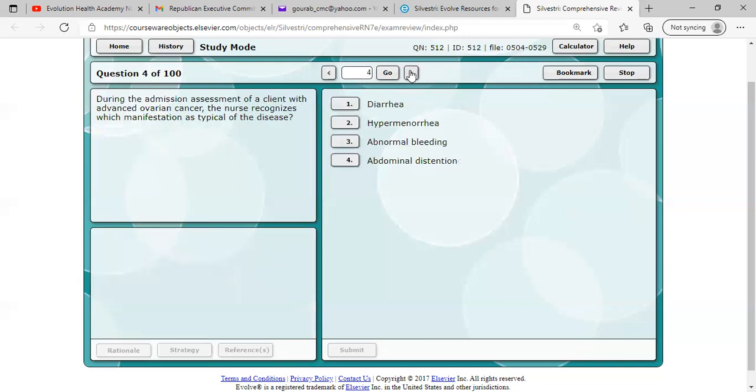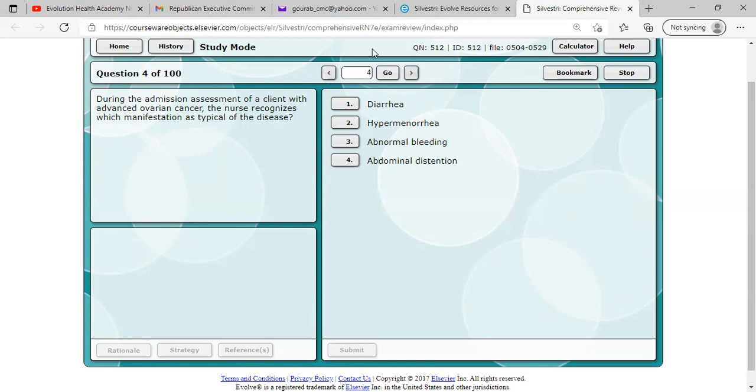So what's the next question? During the admission assessment of a client with advanced ovarian cancer, the nurse recognized which manifestation as typical of the disease.